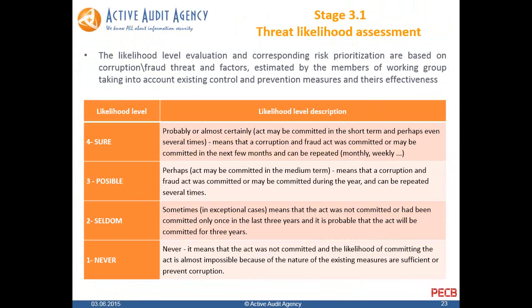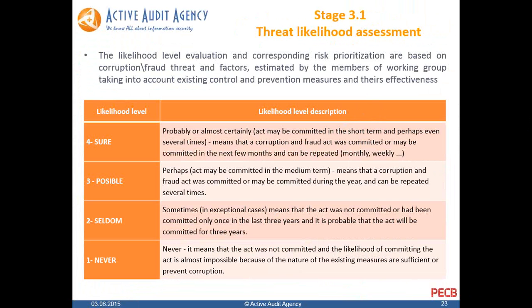You can use 4 levels of likelihood assessment. For example, 1, never, means that the act was not committed and the likelihood of committing the act is almost impossible because the existing measures are sufficient to prevent corruption.